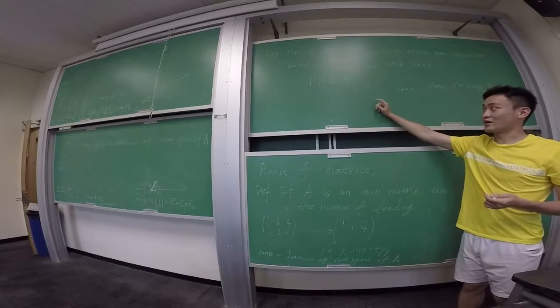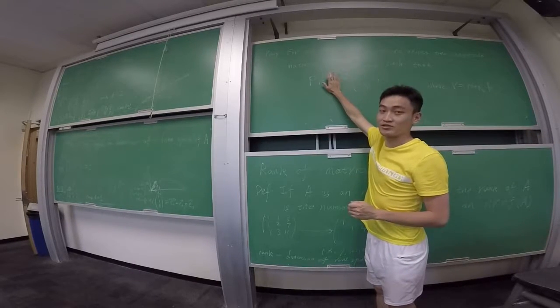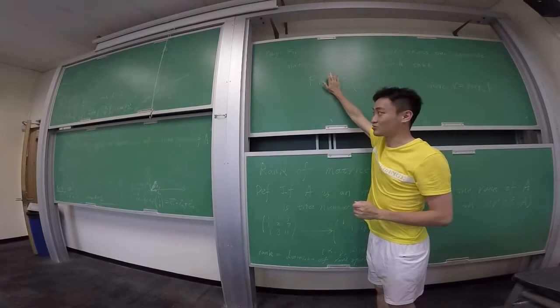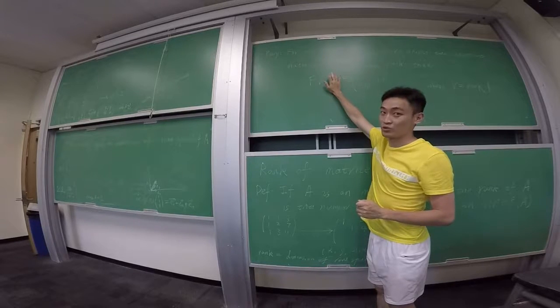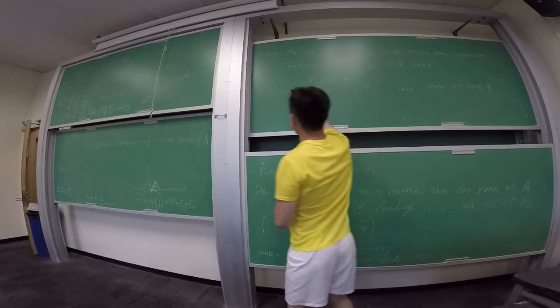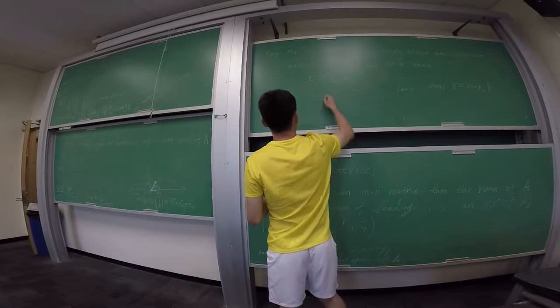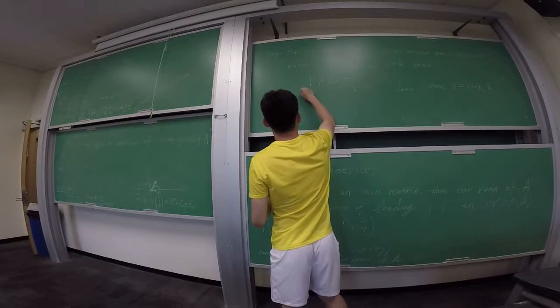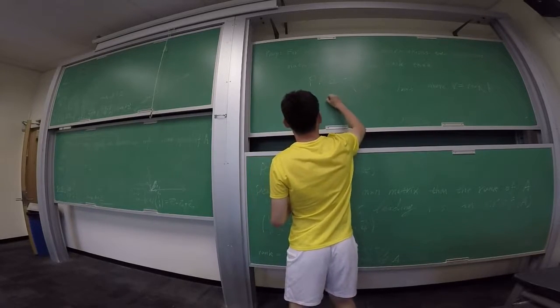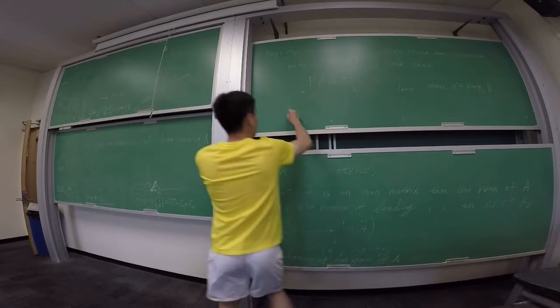Why is that? Firstly, if you only allow row transformations, the easiest matrix you can get is the reduced row echelon form, right? And then the rank is simply the number of leading ones in the reduced row echelon form, like this. And then there's still something over here, like things over here, right?